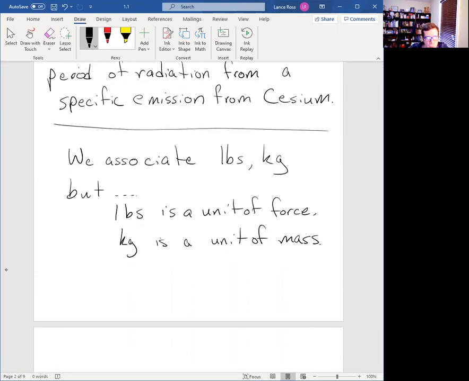Force, we tend to think of as a push or pull. Right? It's an interaction where you exert on another object, whether a push or a pull. Mass, and the reason these two are related is they're often confused with the force of gravity, right?